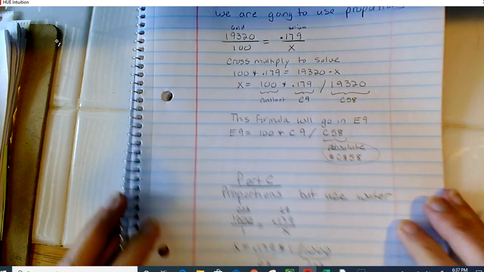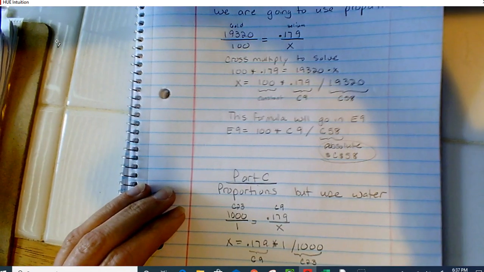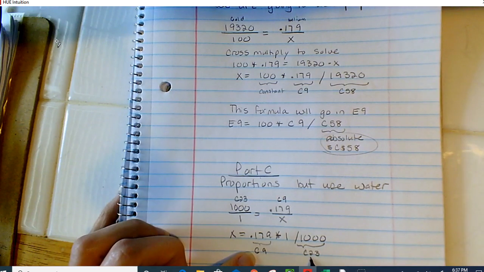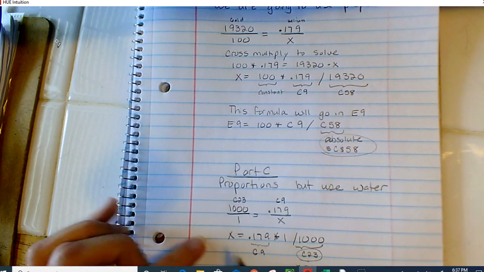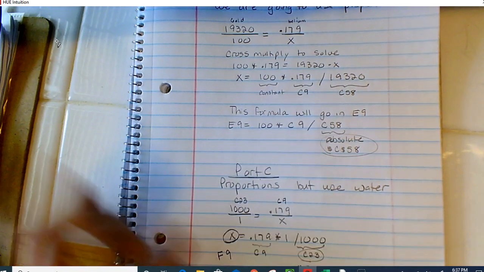And 0.179 is located in cell C9. And C23 is the 1,000. And again, I'm going to use absolute referencing for this when I type it in. So this formula is going to go into cell F9.